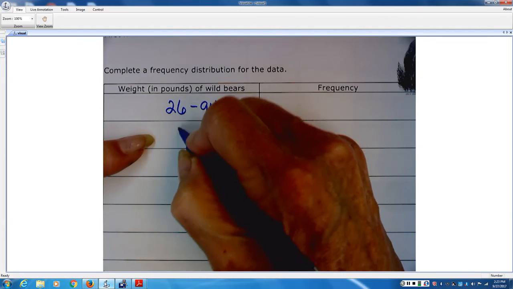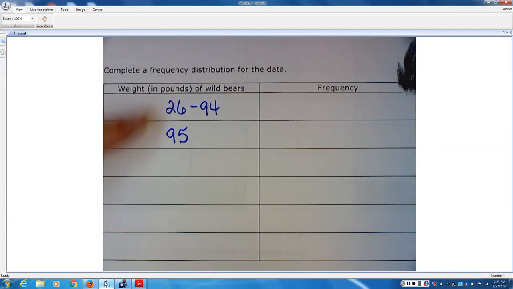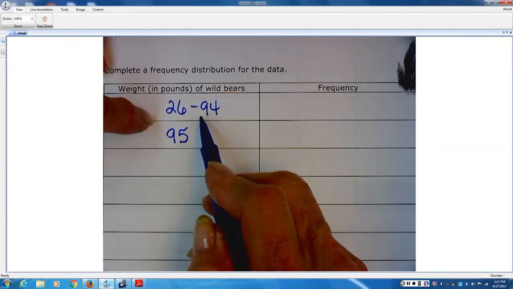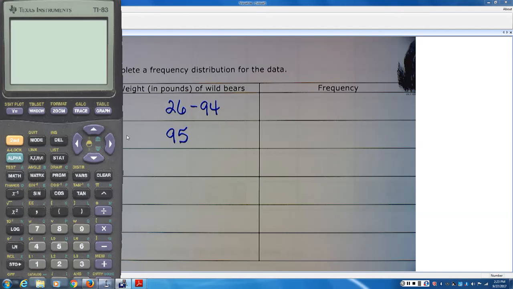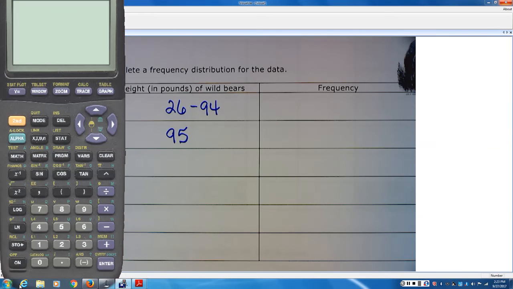So then the next one begins at 95, and let me see if I can construct the rest of it and it matches yours from what you just told me. 95 minus 26 is 69.